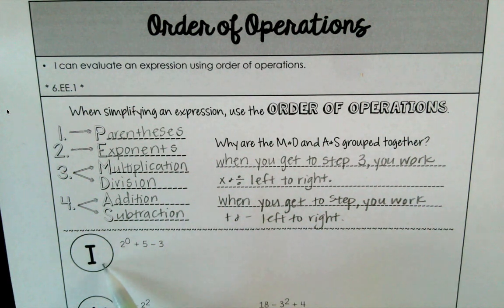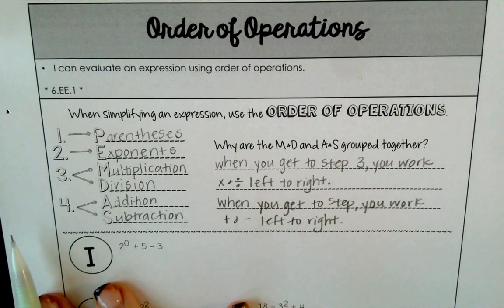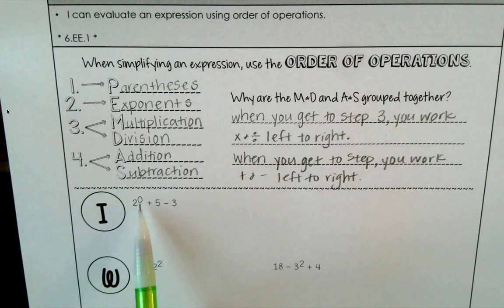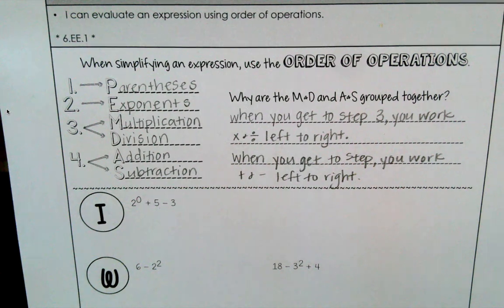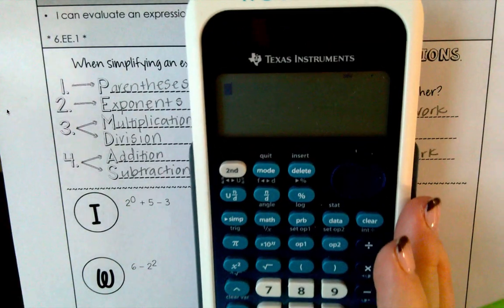So the first one is an I do this one, and please follow my organization. It really is helpful. I promise. Okay, so I'm looking at this I do, and as I'm going to evaluate it, I read it 2 to the power of 0 plus 5 minus 3. So I'm going to evaluate 2 to the power of 0. And I want you to notice something.